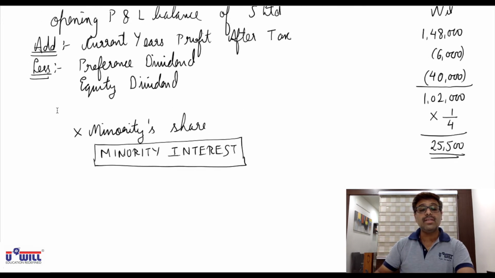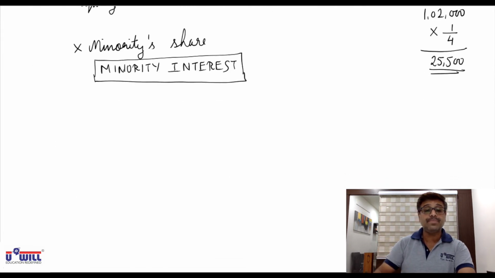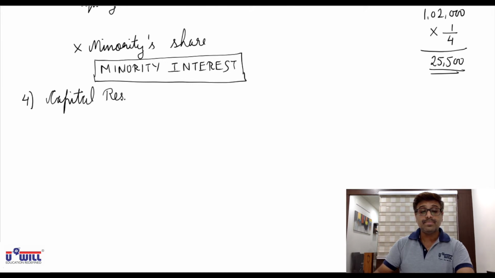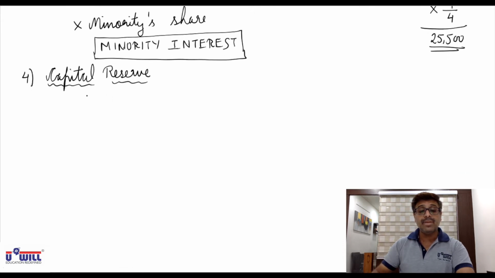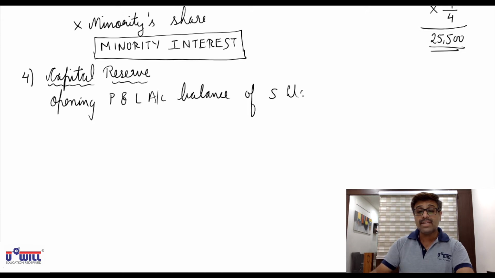Then fourth working we will make for capital reserve. Now how will we find capital reserve? First again we start with opening profit and loss account balance of S Limited, which is nil.